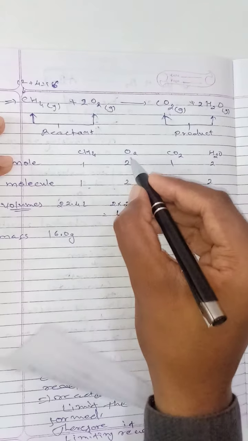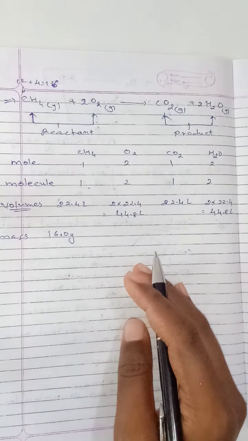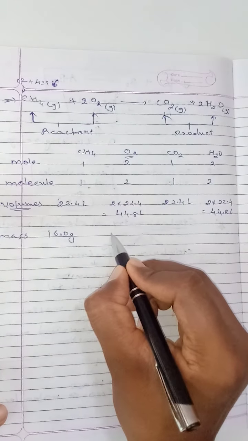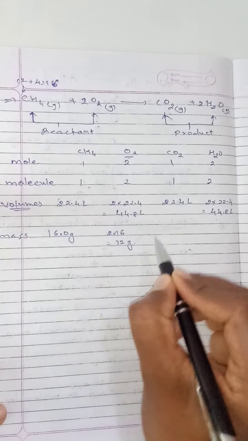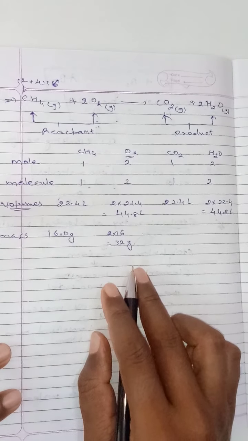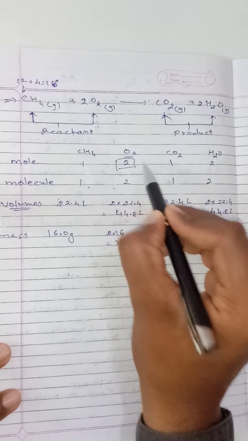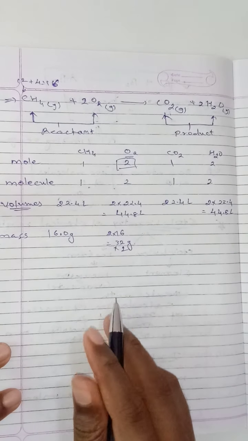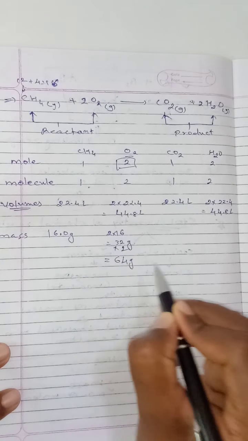Then for oxygen, 2 multiplied by 16 equals 32 gram, but here 2 mole, and because we need to multiply with 2, that is equal to 64 gram.